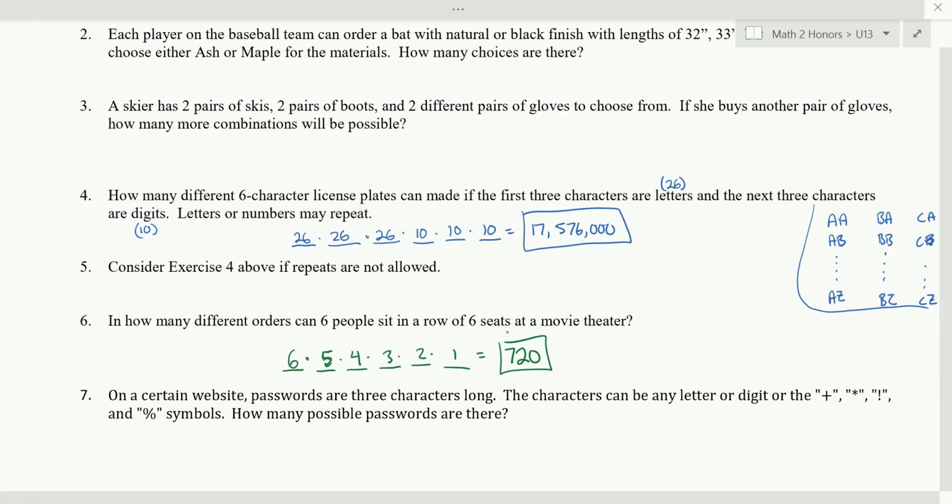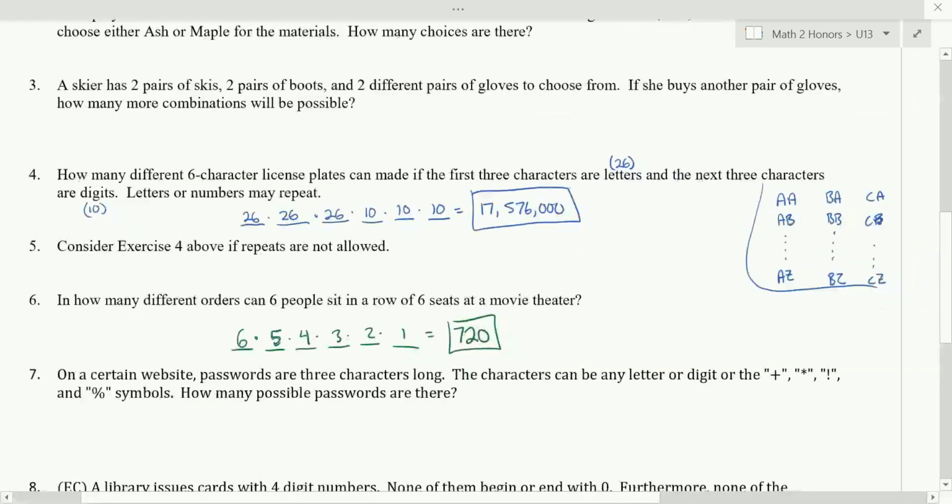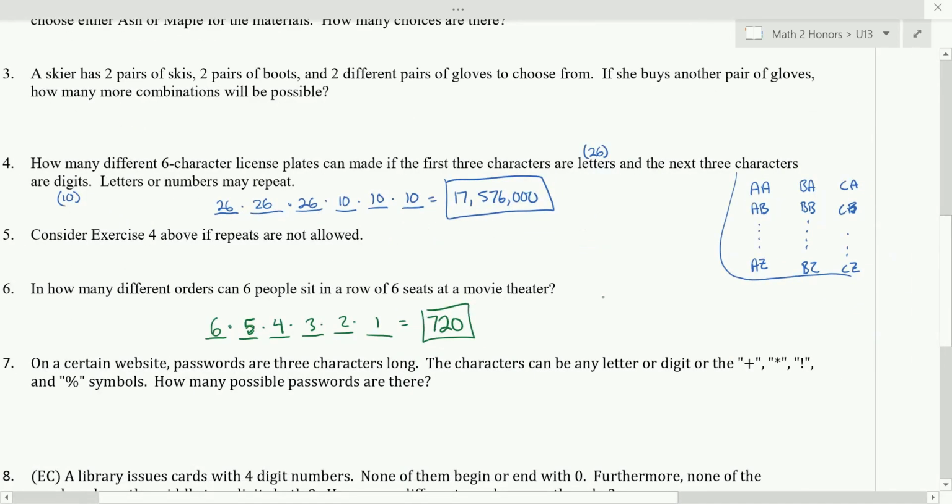If you were unsure about your method, scale it down to test your method. Like say, I think it's this, but I'm not sure. What you can do is, if I did 3, I can actually do something that you can list out. So if I had A, B, C, that could be ABC, ACB, BAC, BCA, and CAB, CBA, and I got all my methods.